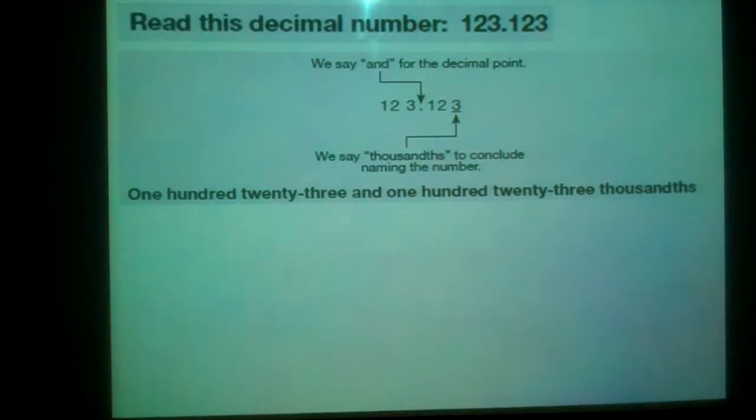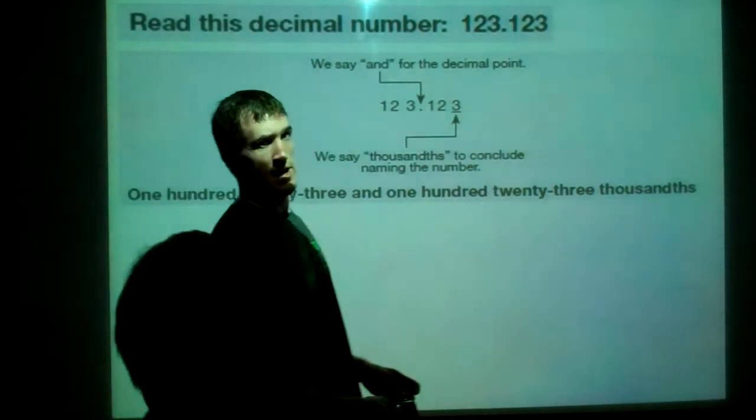Alright, read this decimal number. Now I have the answer up here already, and you've already heard me read a decimal number too, but basically where we have the decimal point, we're going to replace it with an "and" when we read it out loud. So we're going to read 123 like normal, and then we're going to look at what place value our last number is in.